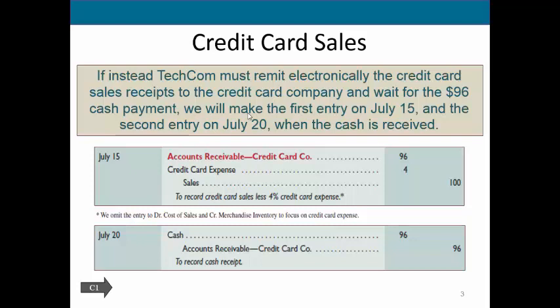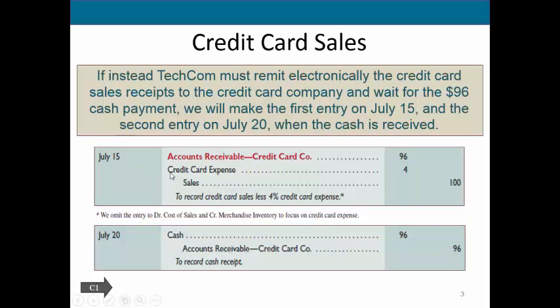So we have the same example here, and we have accepted a credit card for our $100 sale. But let's look at how this works, because again, this is a company that has to wait, and then they will remit their receipts to the credit card company, and at that point they get their cash. So what we have here, the numbers are still the same.